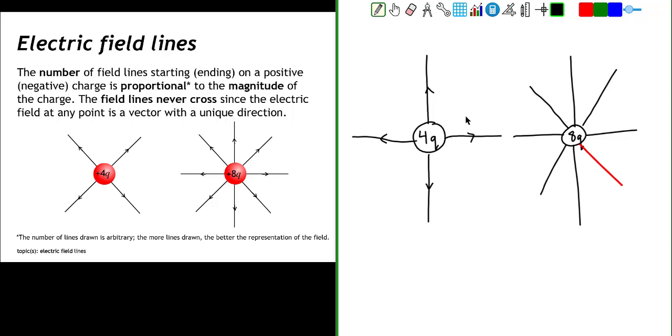One thing to remember is that the density of field lines in space corresponds to the relative strength of the electric field at that region in space.